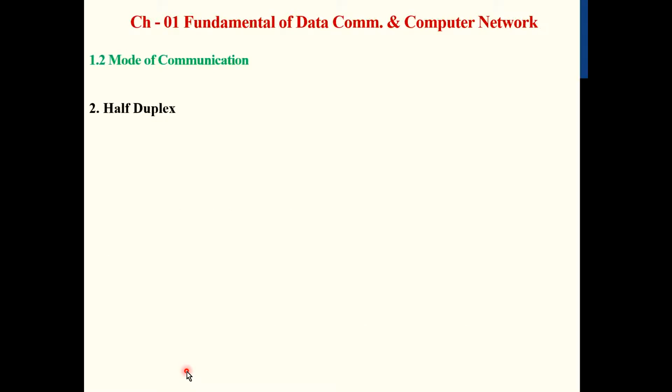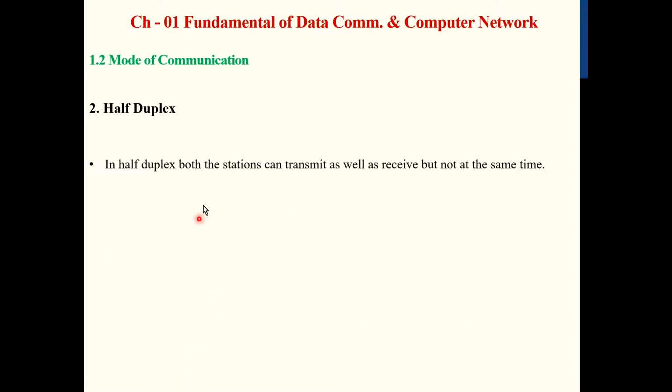Next we see half duplex. In half duplex, both stations can transmit as well as receive data, but not at the same time. Both devices can send or receive data, but only one operation is performed at a time. Either it sends the data or it receives the data. When one device is sending, the other can only receive, and vice versa.